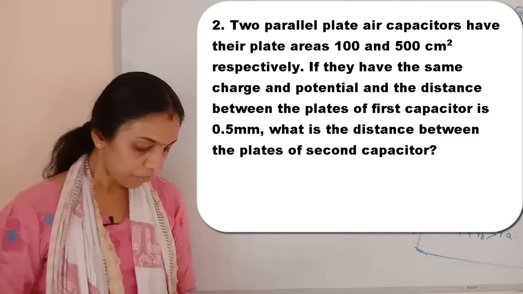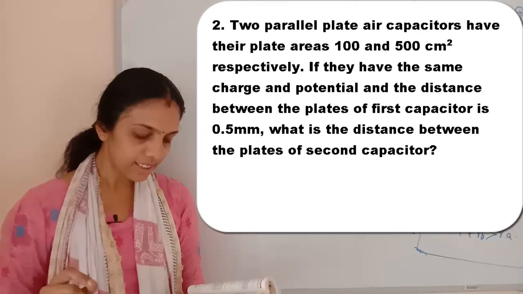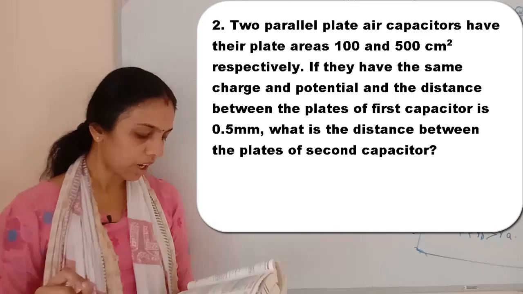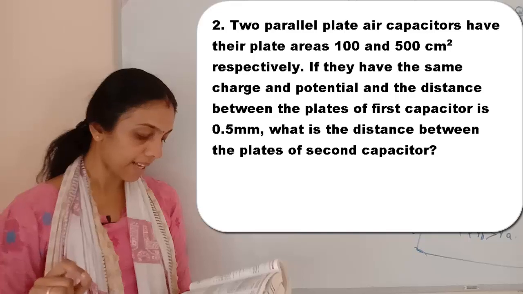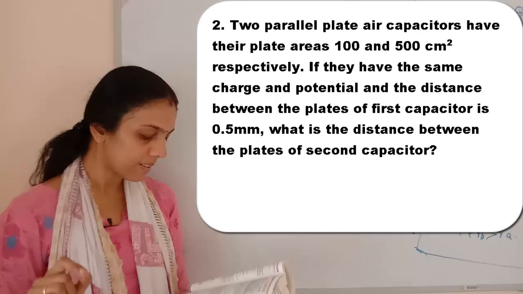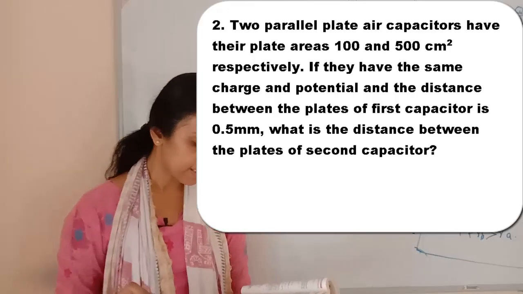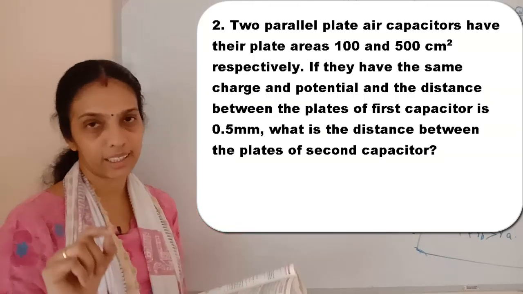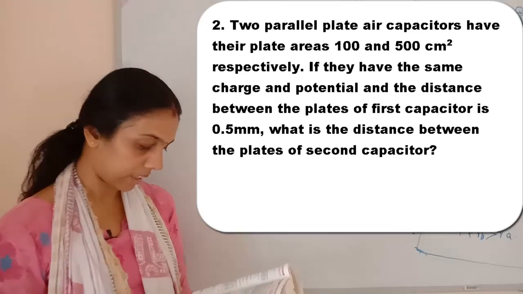Next one. 2 parallel plate air capacitors having their plate areas 100 and 500 centimeter square respectively. If they have same charge and potential, and distance between the plates of the first capacitor is 0.5 millimeter. What is the distance between the plates of the second capacitor? So here it is given, the 2 parallel plate air capacitors having their plate area A1, A2, 100, 500 centimeter square.